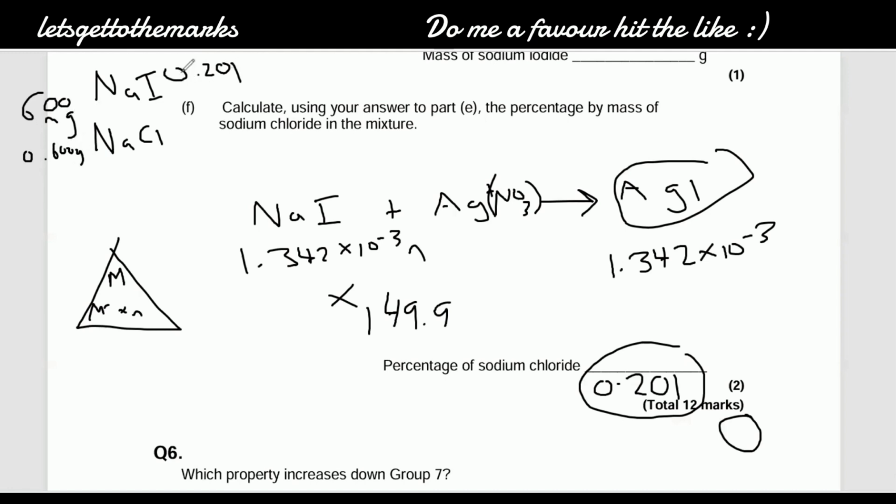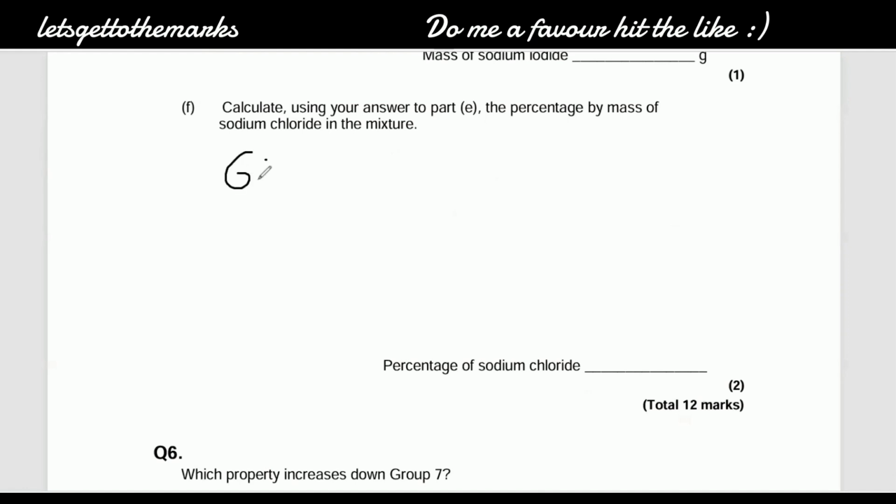So let's work it out. We had 600 milligrams of sodium iodide and sodium chloride. We want to take away the sodium iodide, which we just worked out was 201 milligrams. You could do it like this.